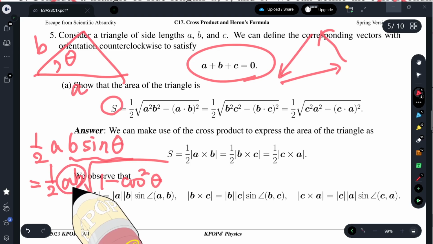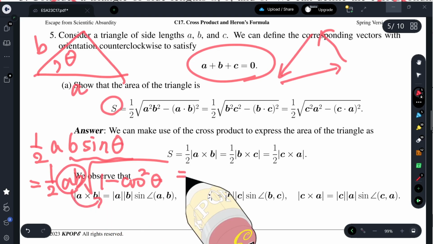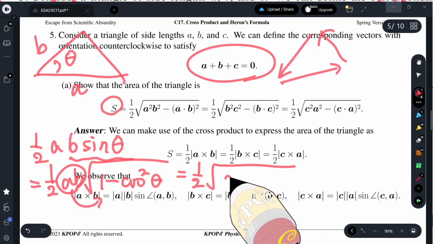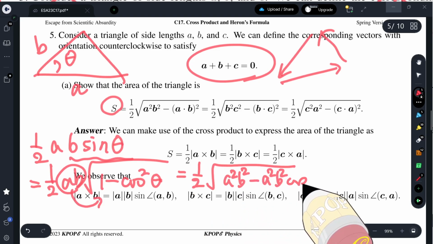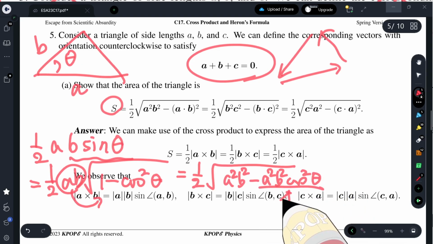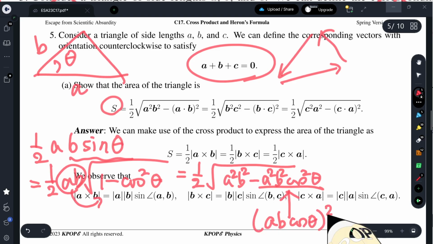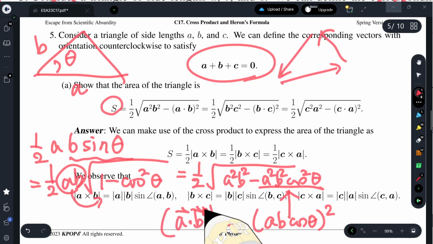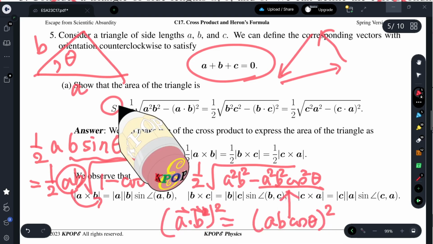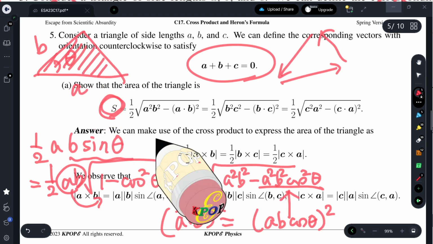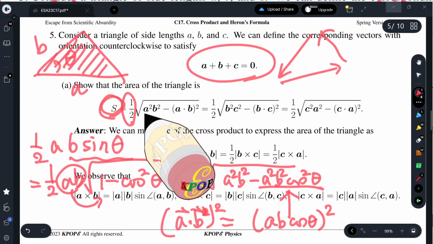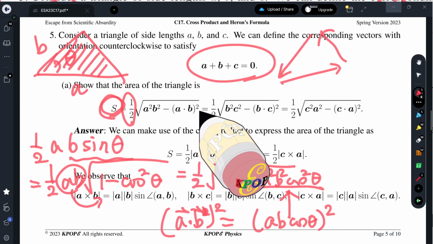If I insert this AB into the square root, it is 1/2 square root of A squared B squared minus A squared B squared cosine squared theta. This is nothing but A squared B squared cosine theta squared, that is, A dot B squared. Therefore the area of the triangle is 1/2 square root of A squared B squared minus A dot B squared.